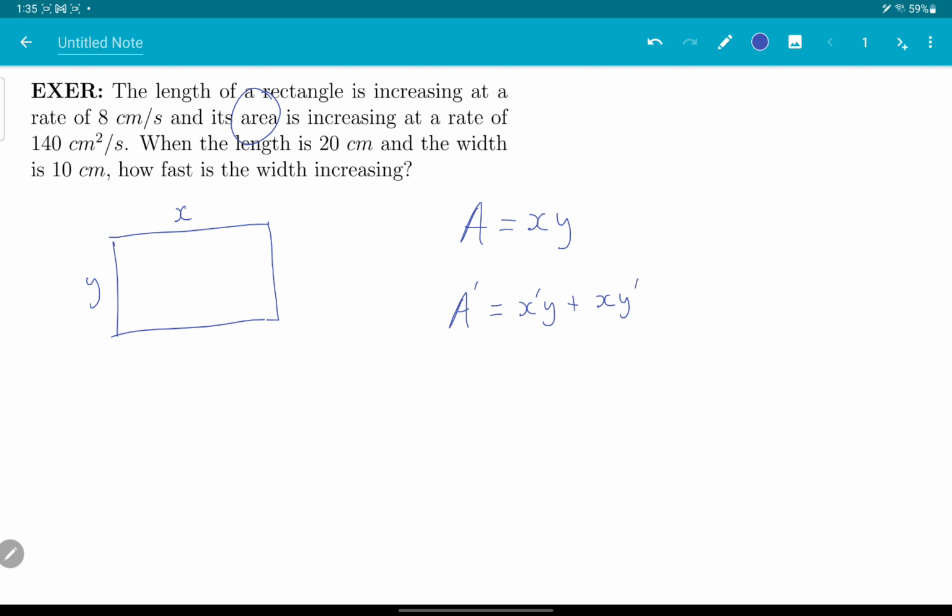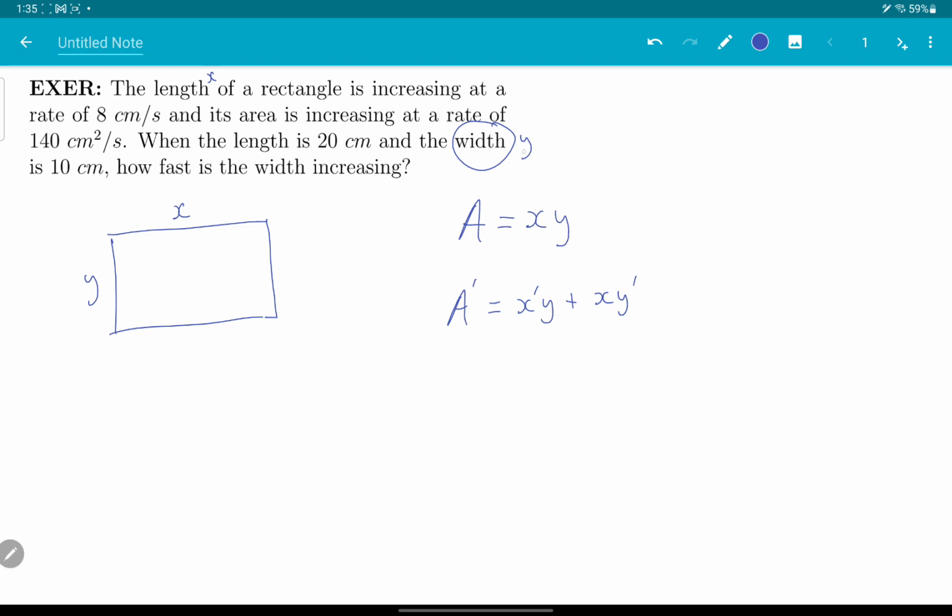Okay, now I will start actually thinking. What are my numbers? I got an 8. I got a 140. I got a lot of numbers here. 8, 140, 10, and 20. So what is this? The length, doesn't really matter, but I'll say the length is x. And I'll say the width is y.